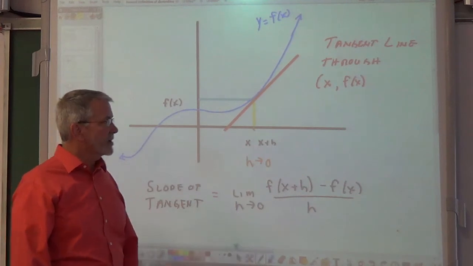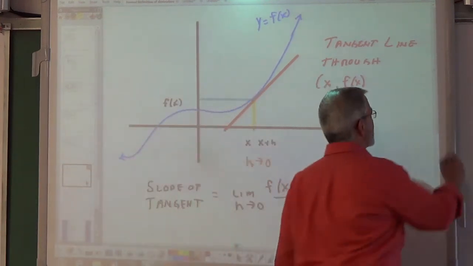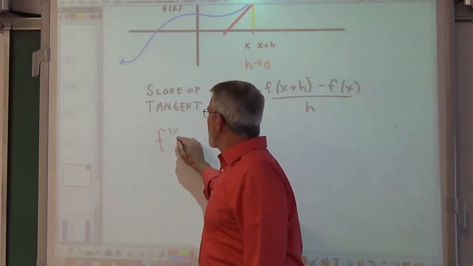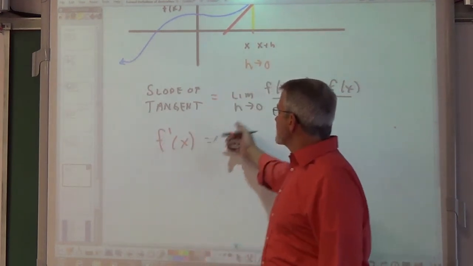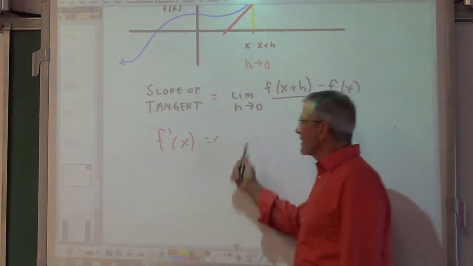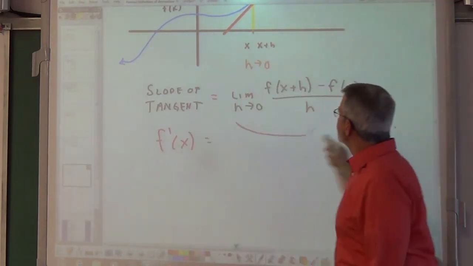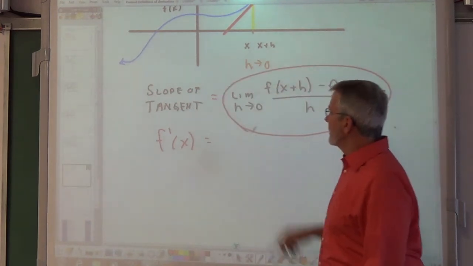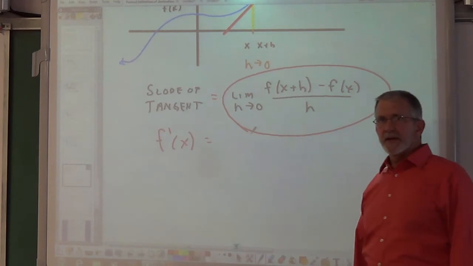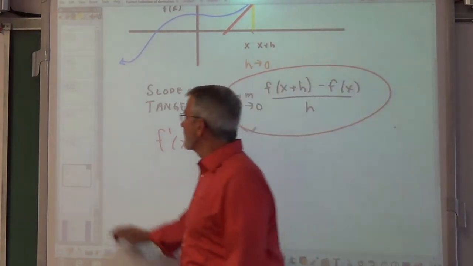And this, ladies and gentlemen, is the formal definition of the derivative. So this is also f prime of x is equal to this limit formally. So we're going to look at this limit, a couple simple examples, evaluate that limit, and find some derivatives.